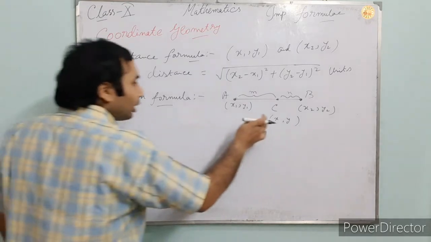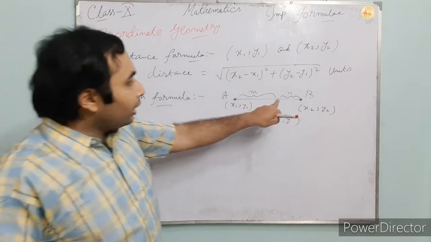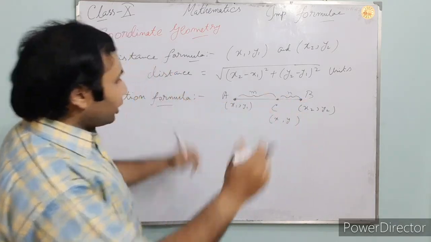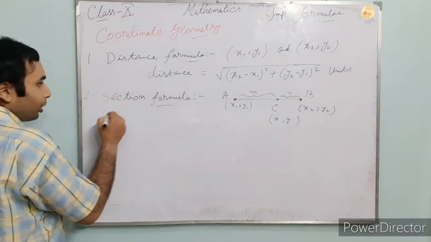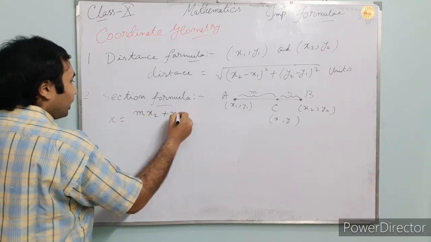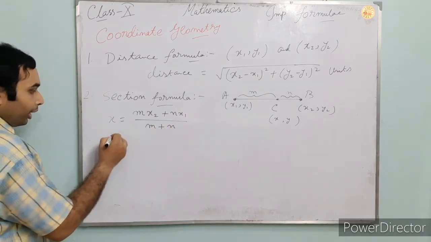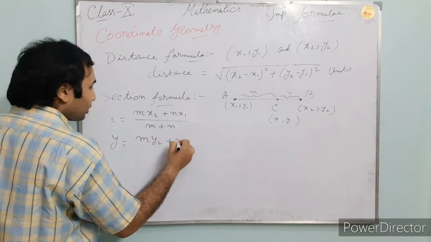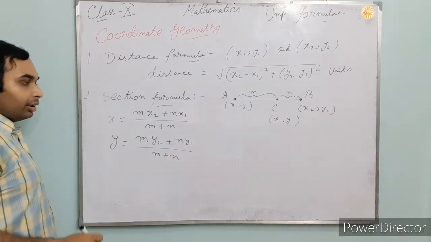Then what is the coordinate of this point? C is internally making a section in the ratio m is to n. Then x will be (mx2 plus nx1) by (m plus n), and y will be (my2 plus ny1) by (m plus n).